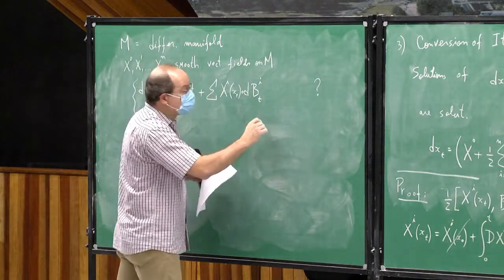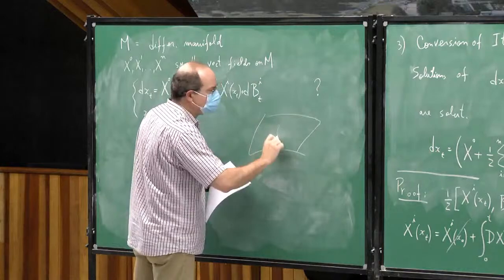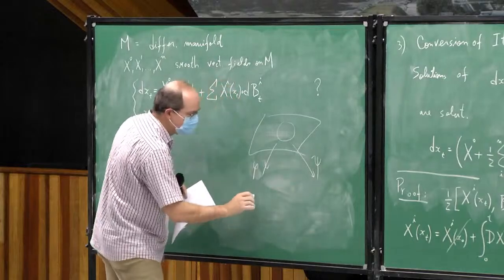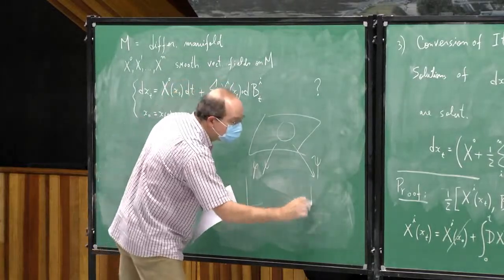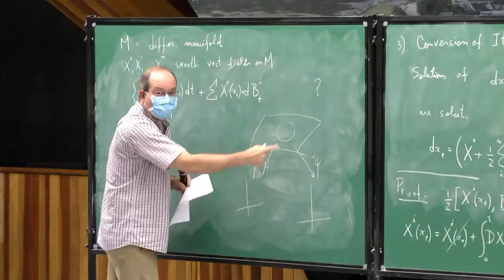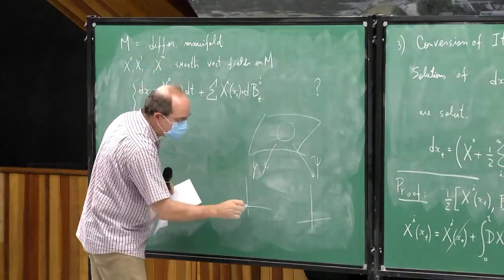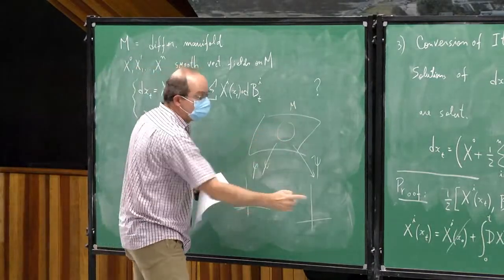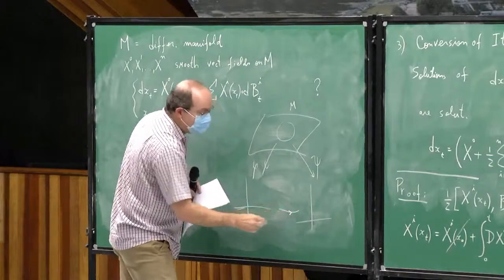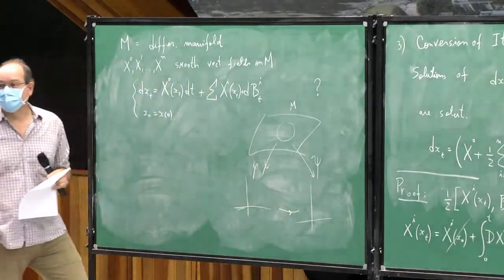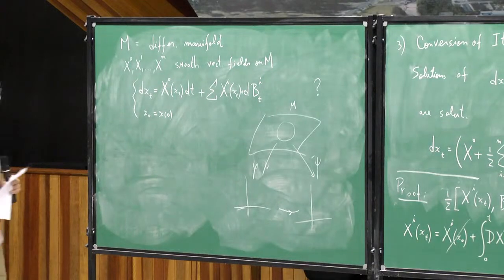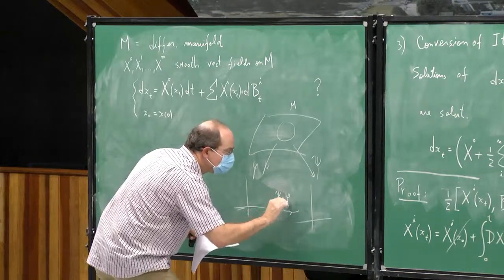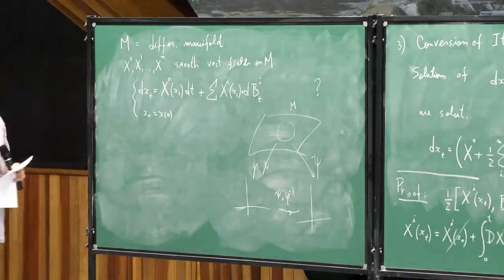You take local charts of M. You take a local chart phi and a local chart psi into an open set in Euclidean space, and there exists a conjugacy of the stochastic differential equation from the manifold M to the Euclidean space, and we can easily go from one coordinate system to the other coordinate system, psi composed with phi to the -1, via this conjugacy.